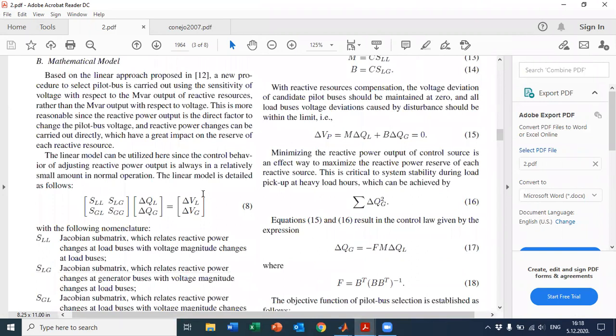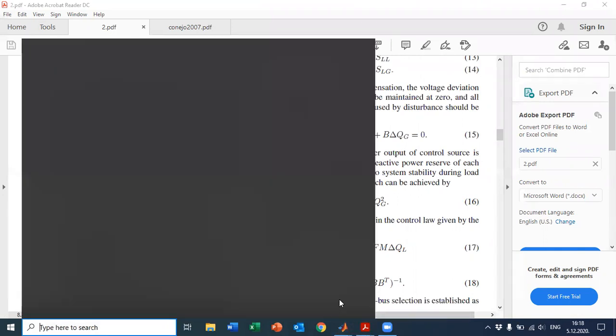First, I want to explain where this equation comes from. So let's go to Paint.